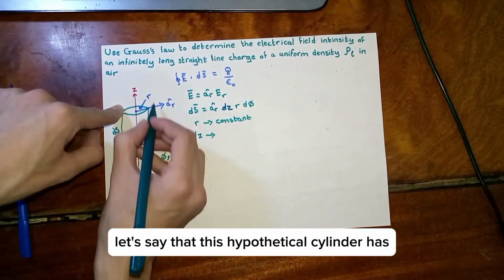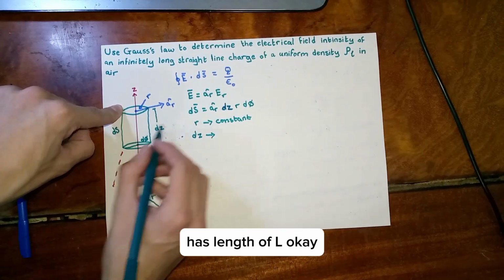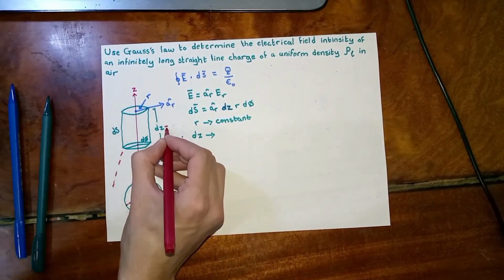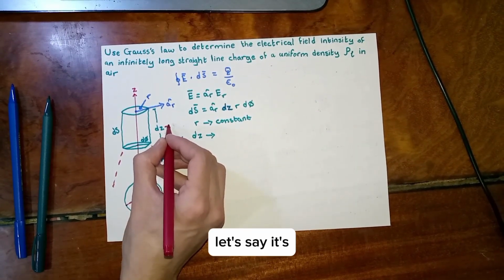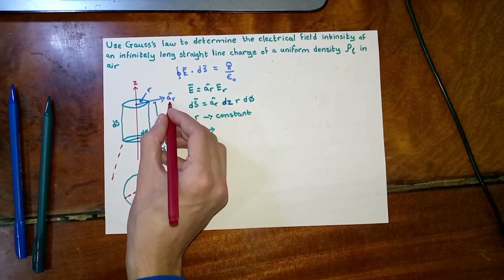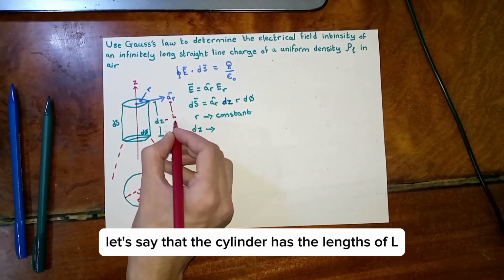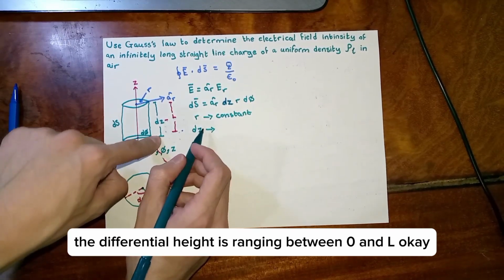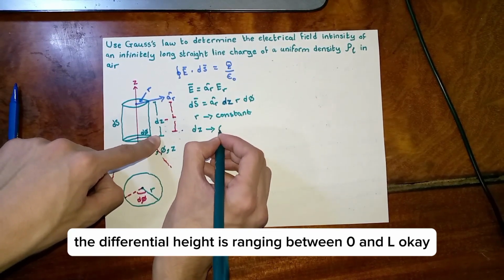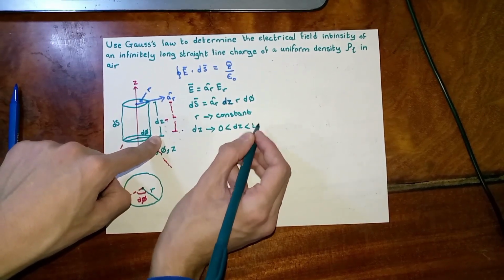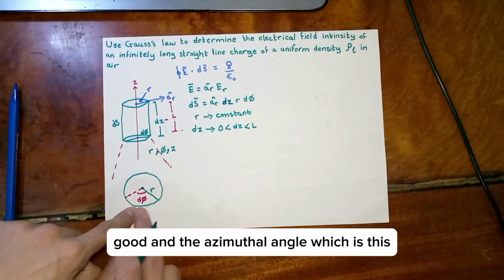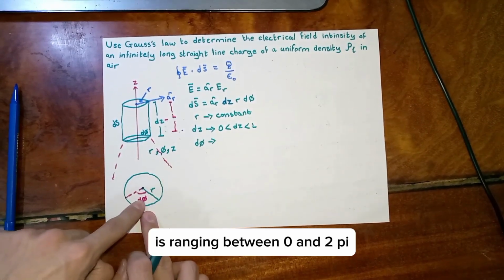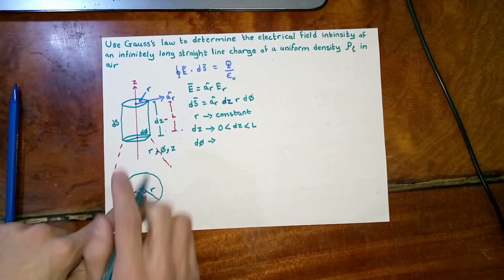Let's say that this hypothetical cylinder has a length of L. Now this dz, the differential height, is ranging between 0 and L. And the azimuthal angle, which is this, is ranging between 0 and 2 pi.